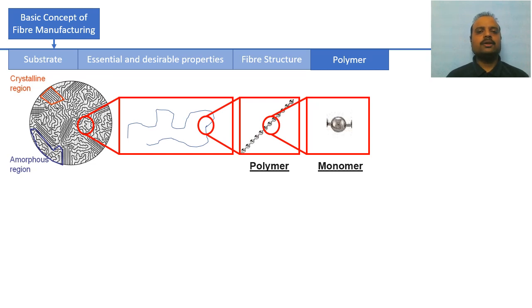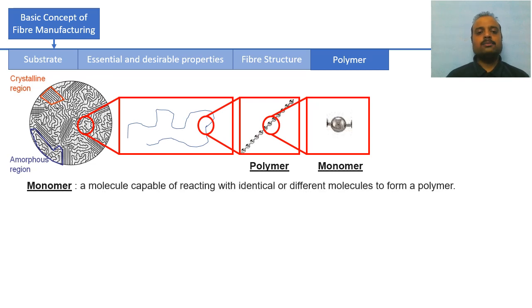Let's look at the definition of a monomer and polymer together. A monomer is a molecule capable of reacting with each other to form a polymer. In simple words, a monomer is a single molecule that has the capacity to react with each other, and together they form a polymer.